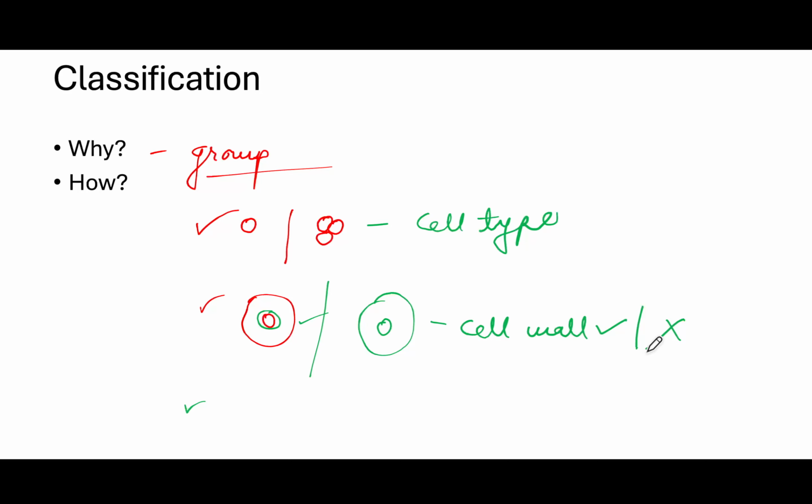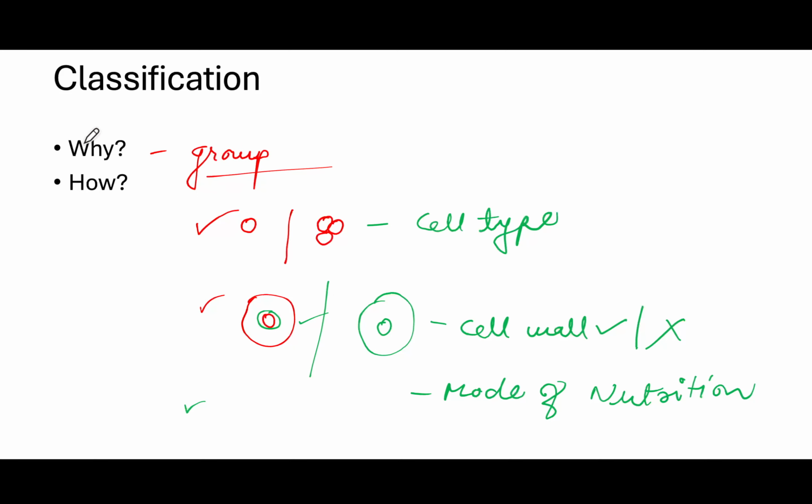Third, nutrition, whether they can prepare their own food or not, right? So mode of nutrition could be a criterion for classification of organisms into different groups, which is ultimately the kingdom that we will learn.